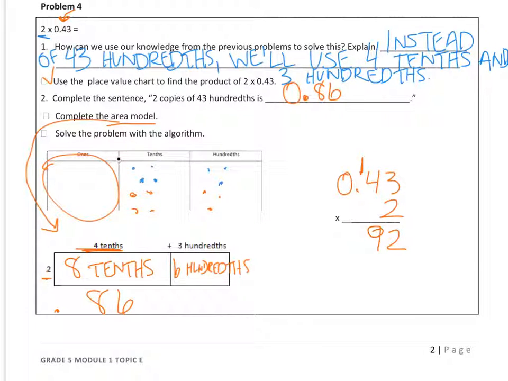But look carefully. I don't have a decimal, and it would be awful silly to say that the answer is 86, since 43 hundredths is less than 1. 2 times less than 1 is not going to be 86. So let's see, I've got 2 numbers behind the decimal. So that means I need to have 2 numbers behind the decimal down here too. I'll put the 0 in there just for good form.